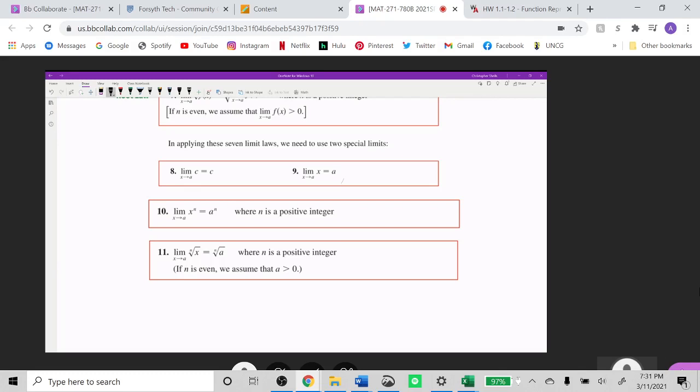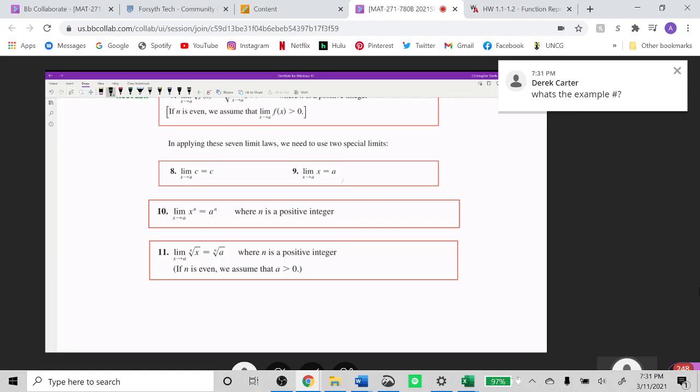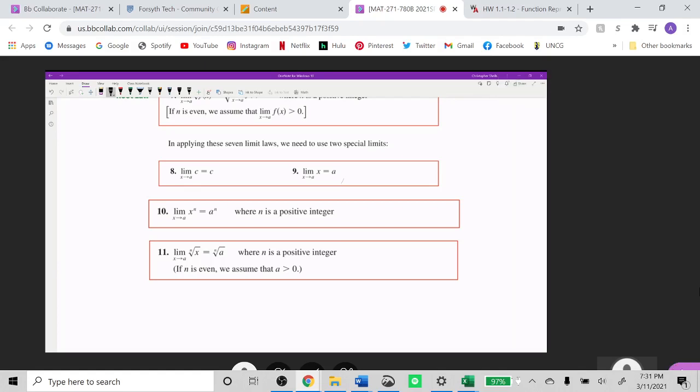Although it's on page 97 of the textbook. It's a pretty good example, albeit maybe a little boring. It's example number 2 on page 97.